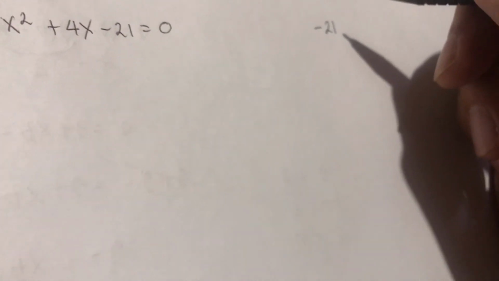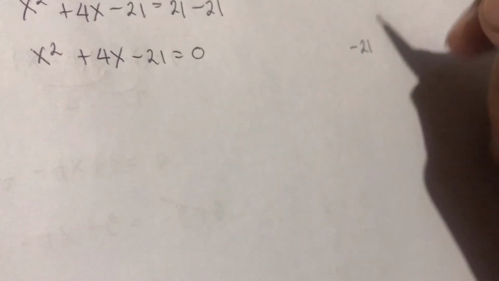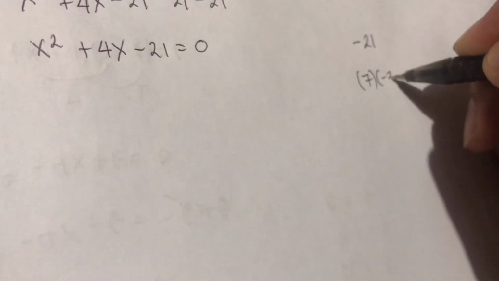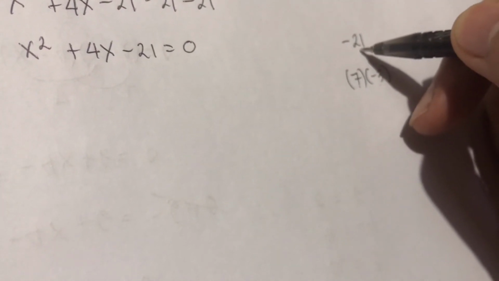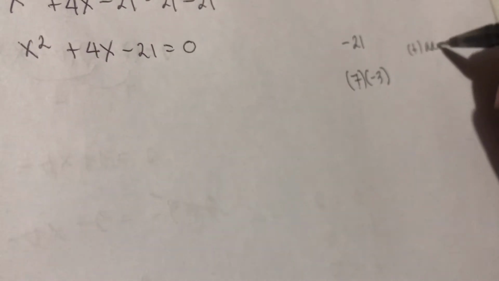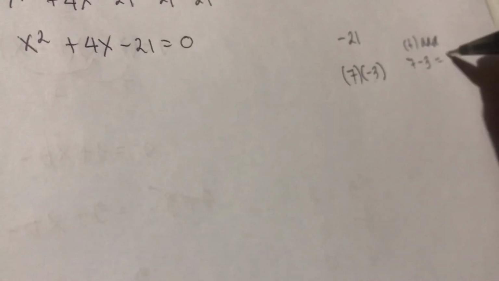Pwede mong sabihin 7 times negative 3. 7 times negative 3 is equal to negative 21. Pag pinag-add mo sila, 7 minus 3, that is equal to 4.